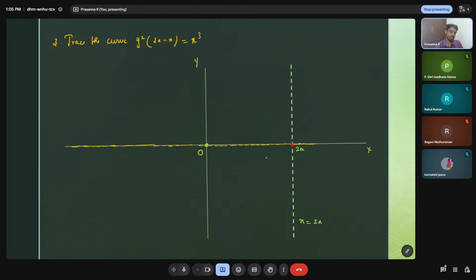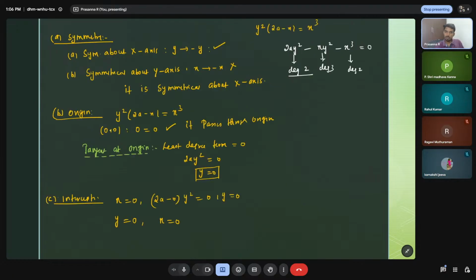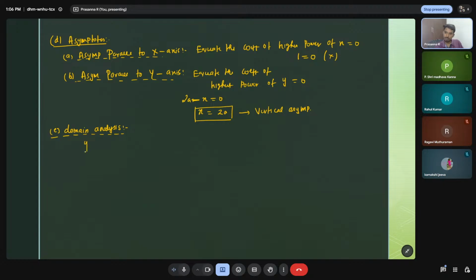So it is passing through origin also. So we will do domain analysis. So the function is y square times 2a minus x equal to x cube.